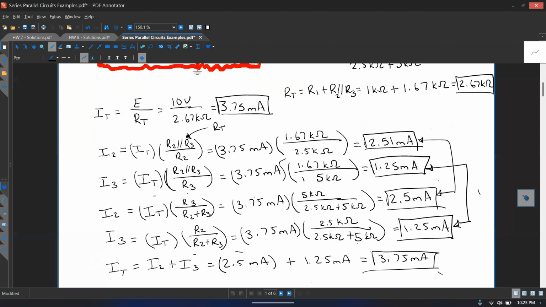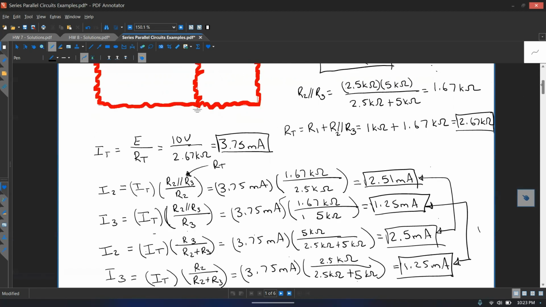However, that was true only when you're dealing with parallel resistors. Before, we were only dealing with parallel resistors, so the R total was the total resistance of the parallel resistors.